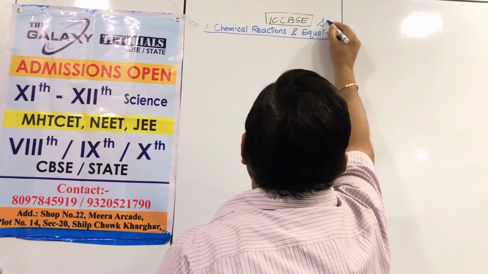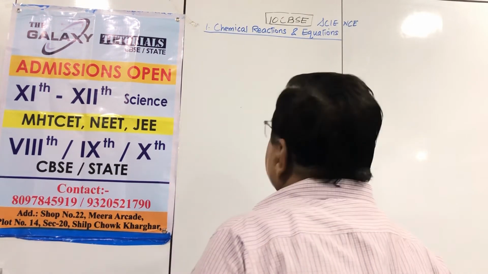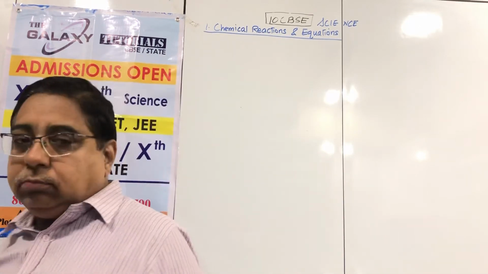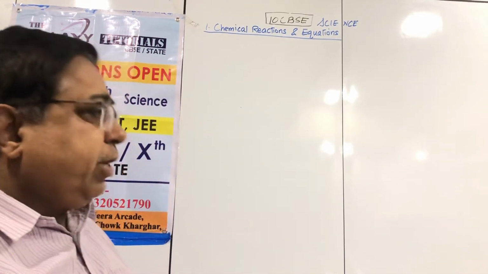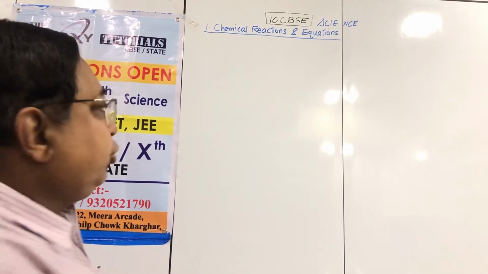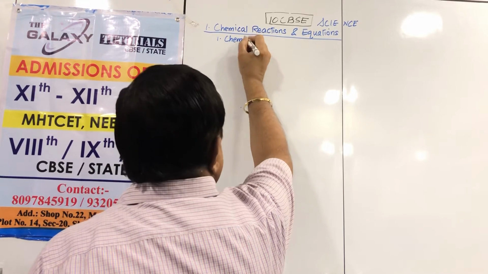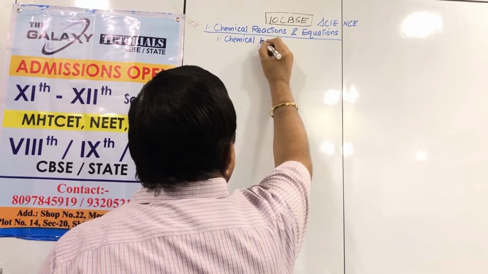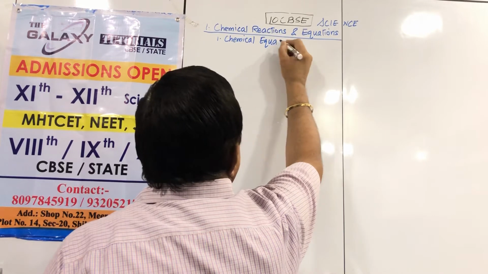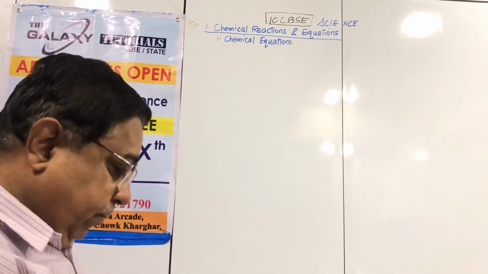This is science. So we are starting the chapter after we have done the introduction. So the first unit in this is chemical equations. What have we to study in this heading?